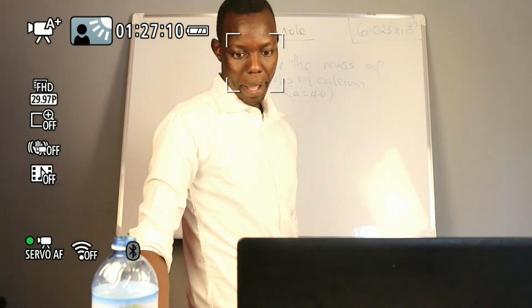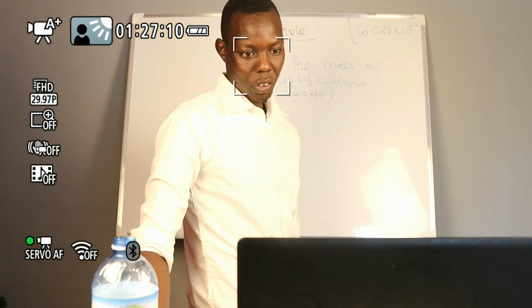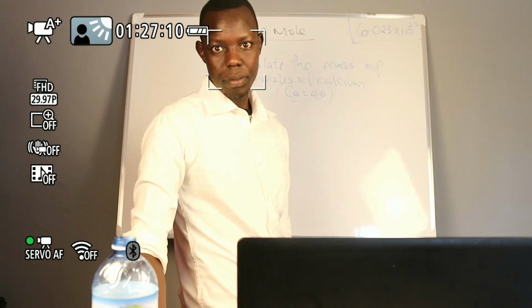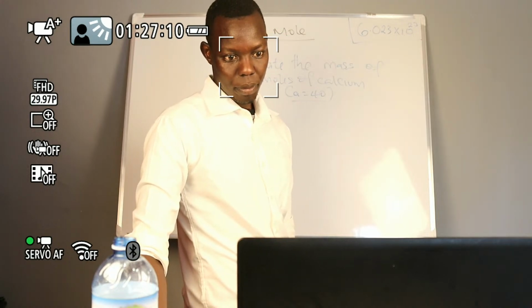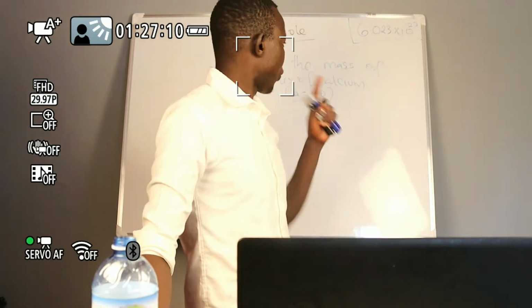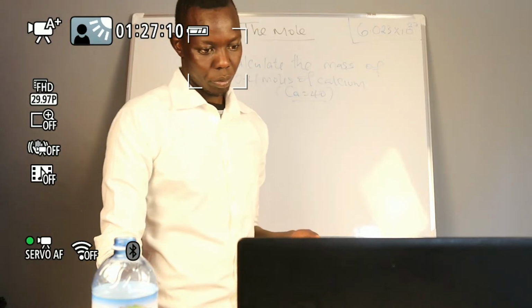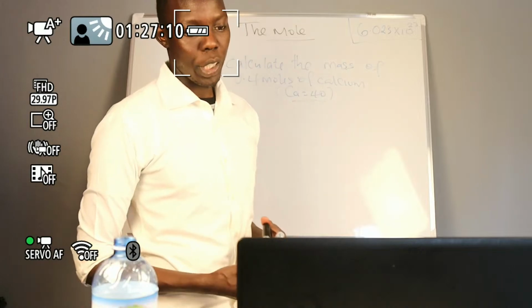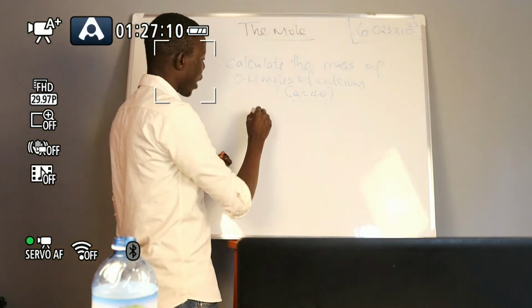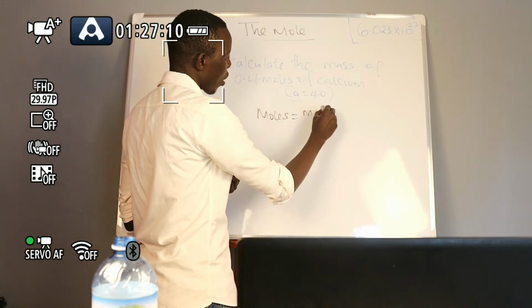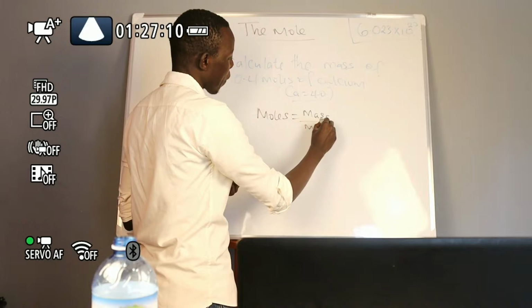I believe you are working on that particular question. So where are we starting from? How can we attempt this question? This question is very simple, especially for somebody who knows that to calculate the number of moles, it is given by mass over molar mass.